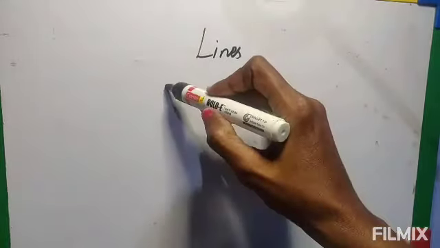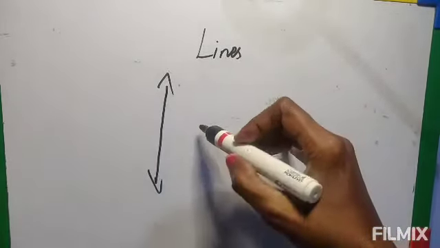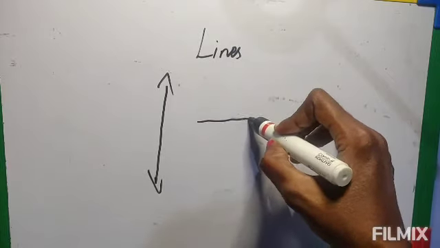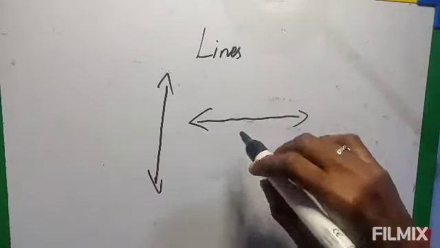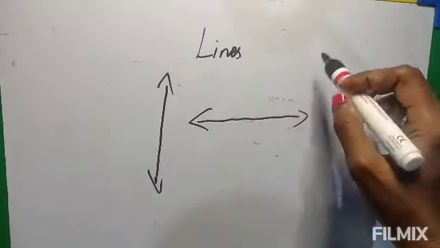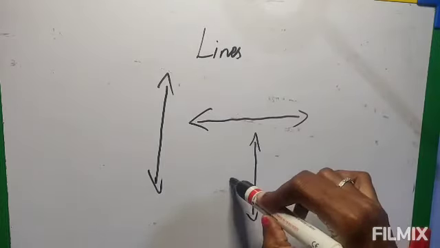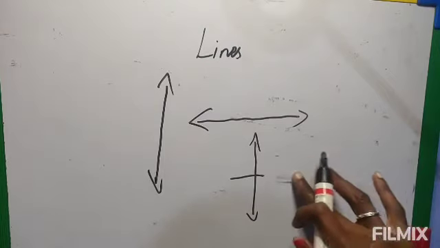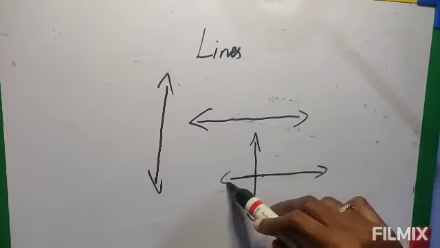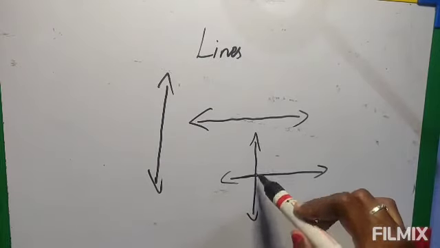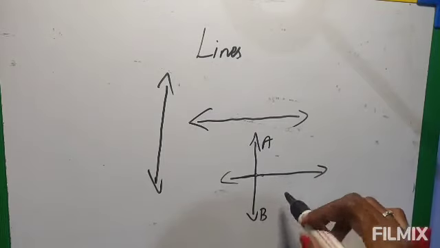Okay, you have learned already the vertical line. A vertical line is straight from up to down, and a horizontal line is straight from left to right, okay. So this you have learned already. If one vertical line and one horizontal line cross each other, if they meet each other at one point, they are called, now suppose the vertical line is AB.